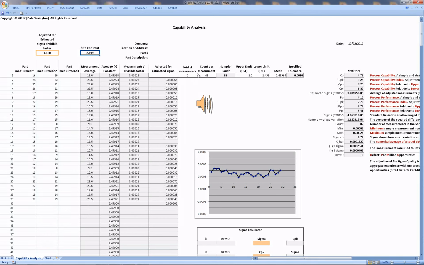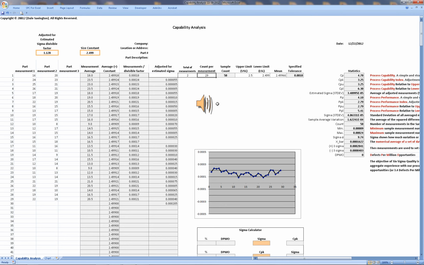The sample count will be 2 times 29, which equals 58, and will be calculated and appear as sample count, which is locked. And this number will also be entered over in statistics under count.